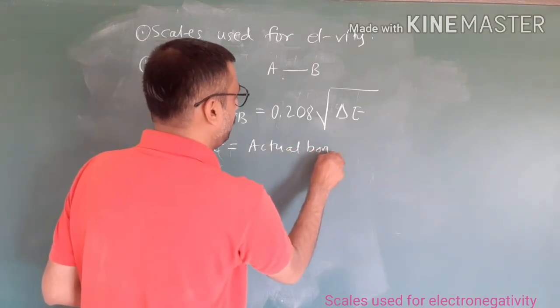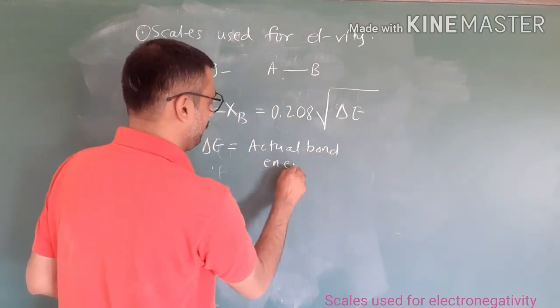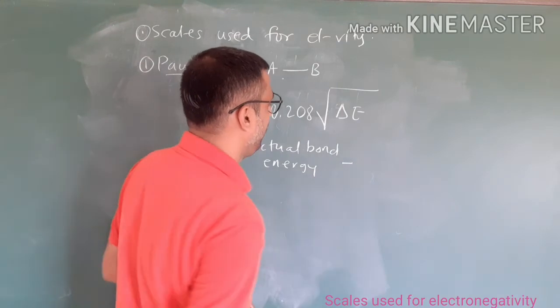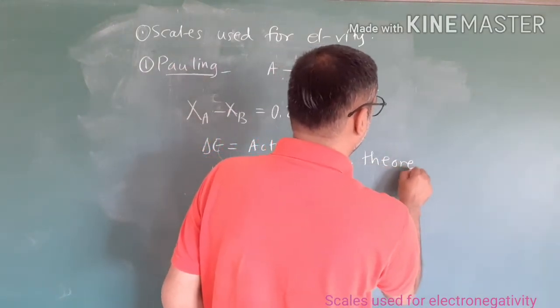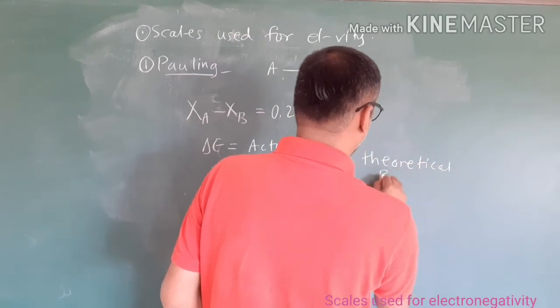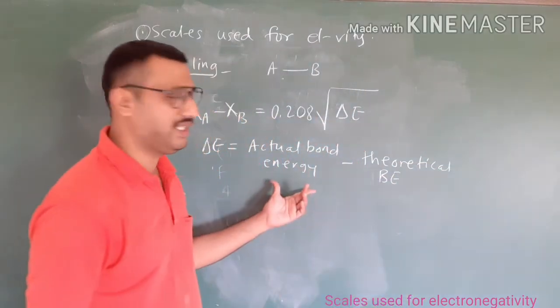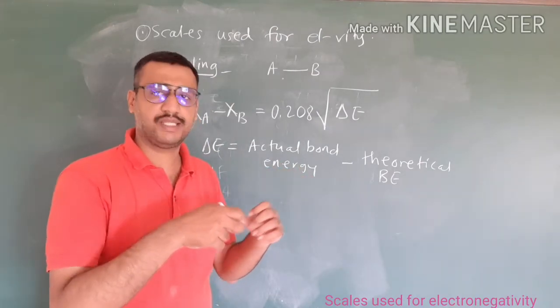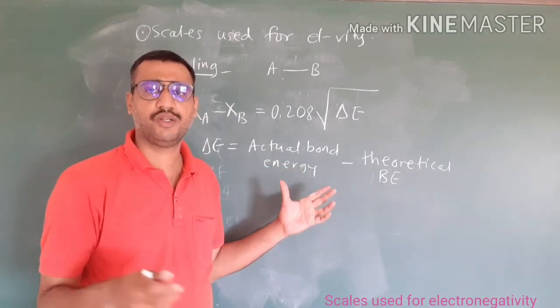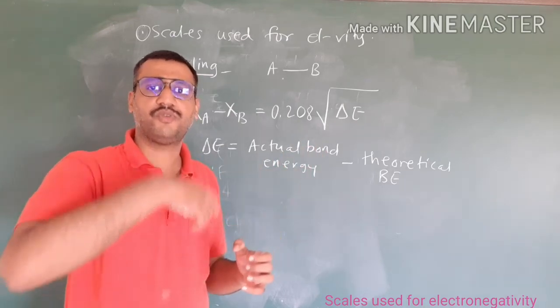actual bond energy minus the theoretical bond energy. Now, bond energy means what? The amount of energy required to break 1 mole of the bond, or whenever the bond is formed, the amount of energy released.